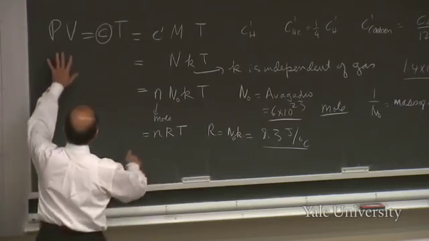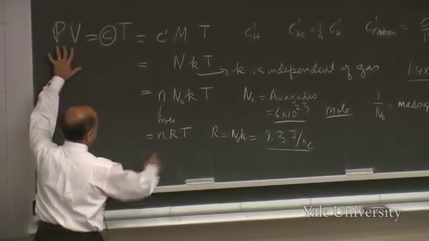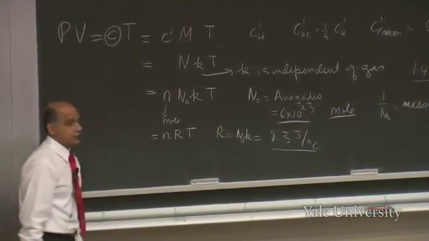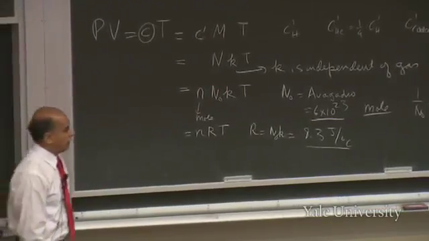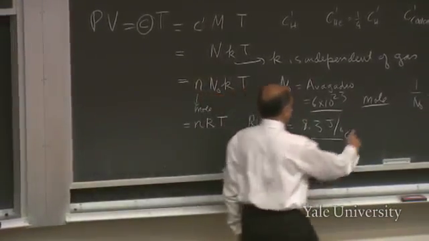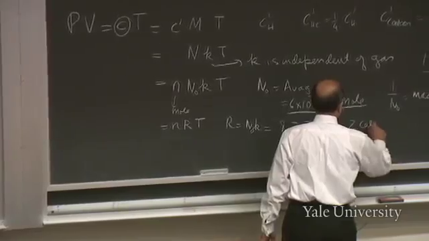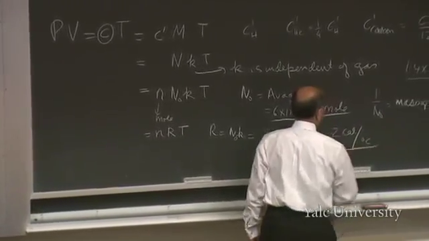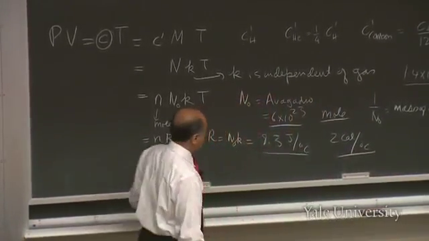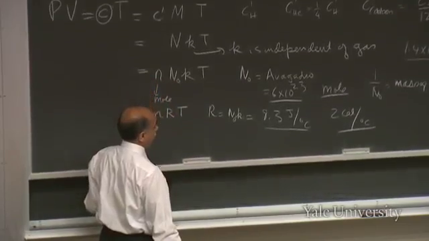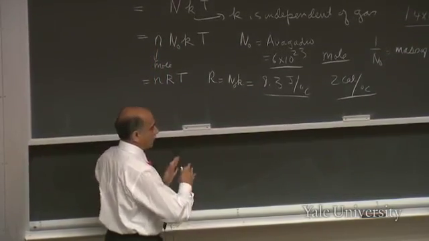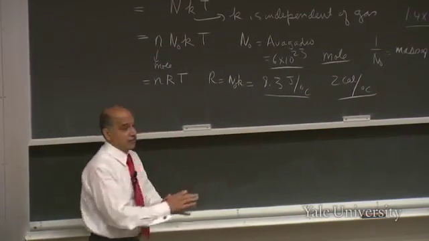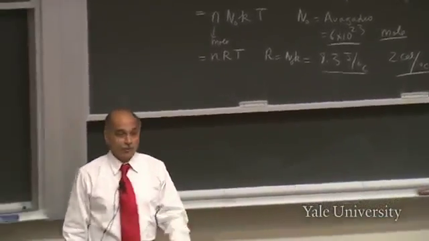The units for R will be PV, which is units of energy, divided by T. In terms of calories, I remember this is a nice round number, 2 calories per degree centigrade. Degree centigrade and Kelvin are the same. The origins are shifted, but when you go up by 1 degree in centigrade or Kelvin, you go up the same amount in temperature.